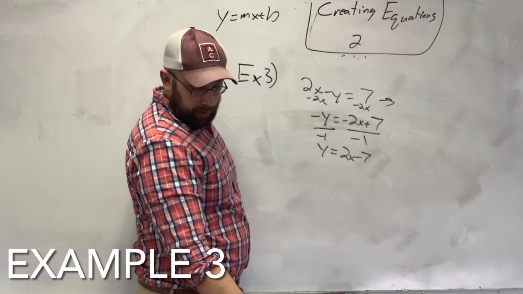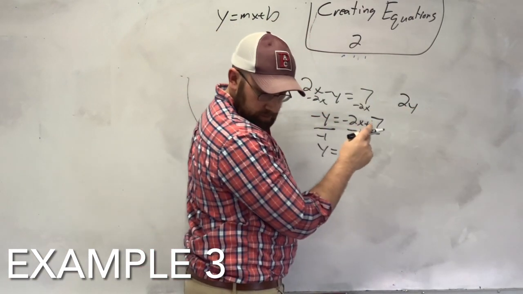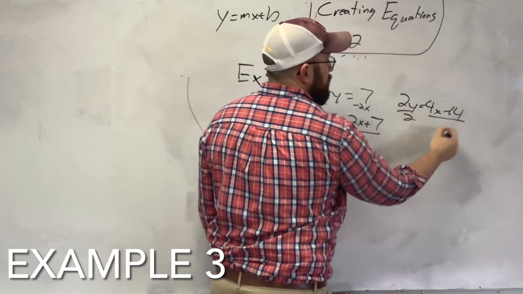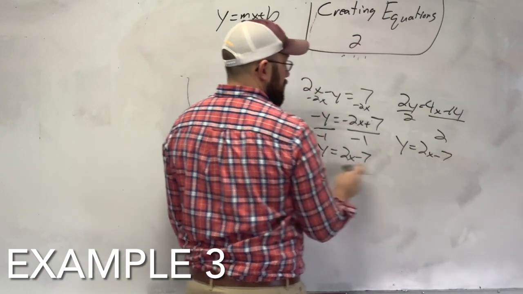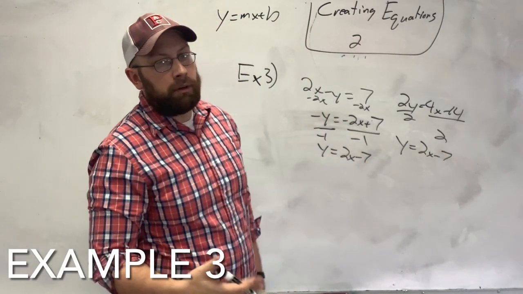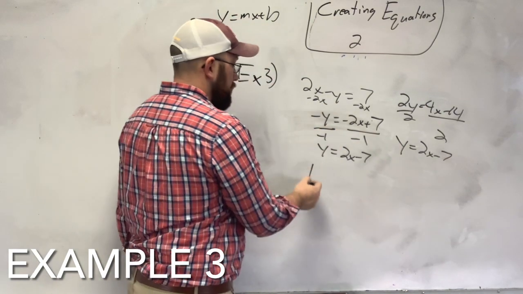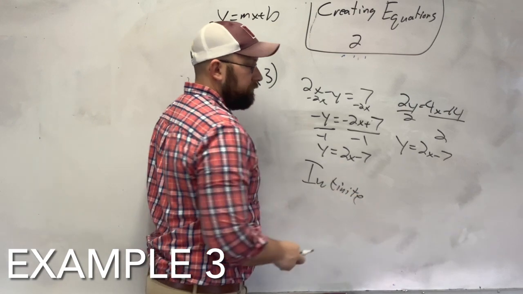Then my other equation was 2y equals 4x minus 14. Divide by 2, divide by 2. Y is 2x minus 7. We have the same exact equation, so when we graph them, they'll lay right over the top of each other. So it'll be every number that ever existed, so it's infinite.